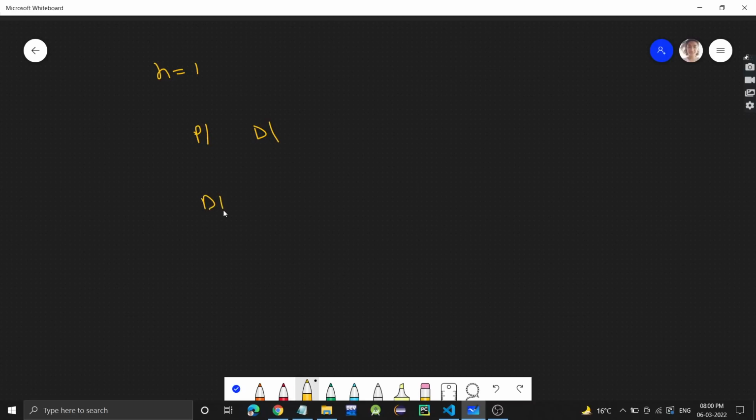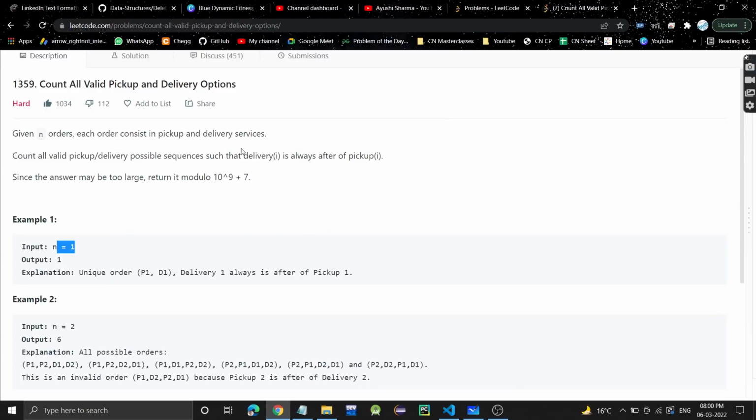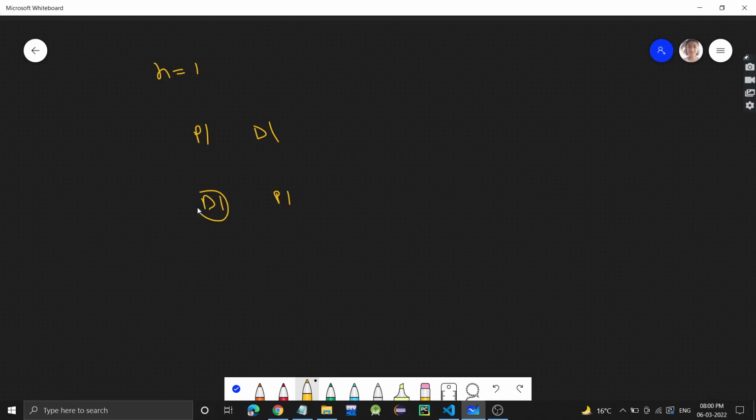We cannot do D1 before P1 because it's given in the question that delivery will always be after pickup. So delivery cannot be before pickup, right? So this is not valid, hence only one permutation is possible for this case when n is 1.